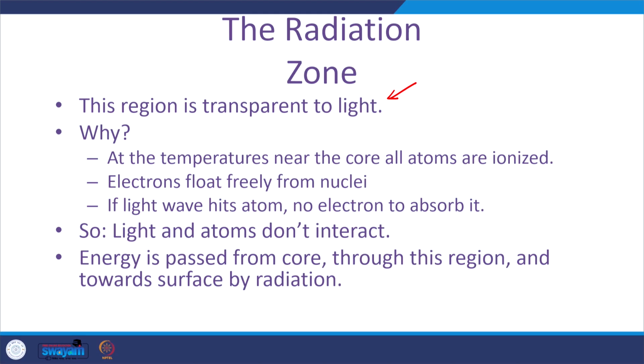Now, something is opaque means the electromagnetic radiation is absorbed. Some part is absorbed, so whatever you get is not equal to 1. So transmission plus reflection equal to 1, right? So this radiation zone is transparent to light.